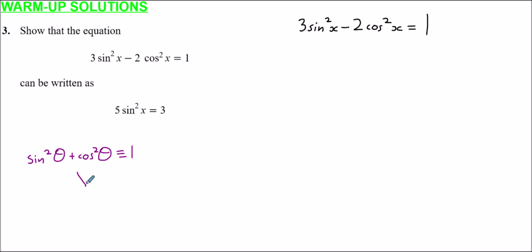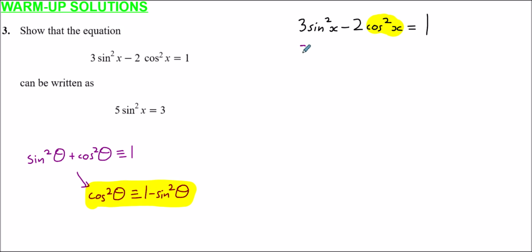So from this, if we subtract sine squared from both sides, we can see that cos squared theta is going to be the same thing as 1 minus sine squared theta. And so this is going to be our main way into solving this question. So what I'm going to do, I'm going to swap out this cos squared x with 1 minus sine squared x.